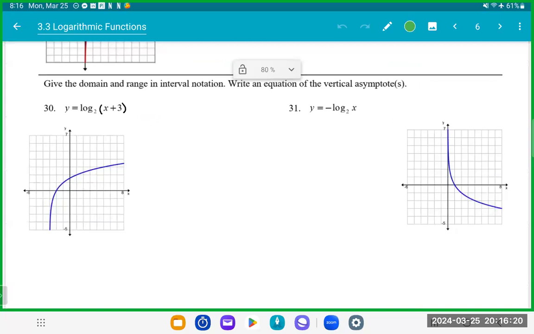So I put that there so you guys can use that as a reference. But now let's take a couple of examples, and we want to give the domain and the range of these two functions, and what are the vertical asymptotes? For this first one, our domain, you can see this is going to go on and on forever.